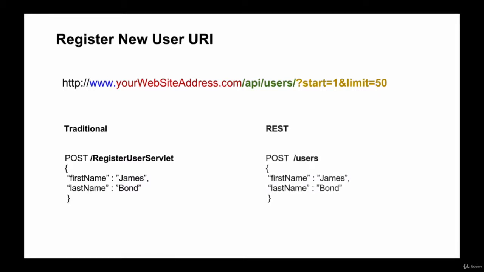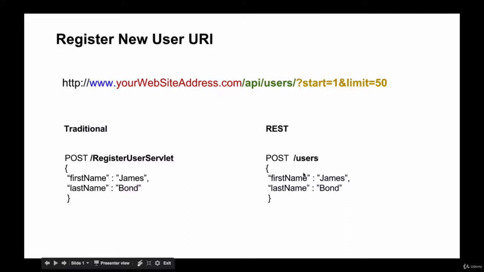But if we follow RESTful style, then the URI, the green part of it, will look something like this. We'll have /users, and then it will also accept HTTP POST, and it will also accept the JSON payload.